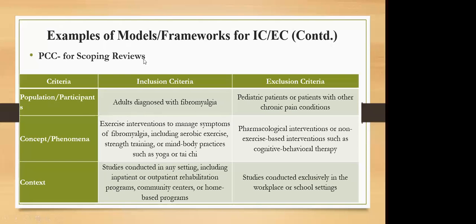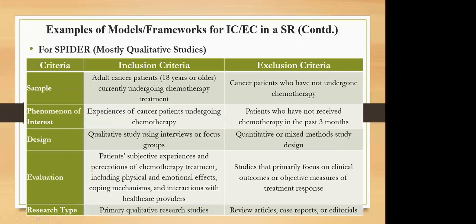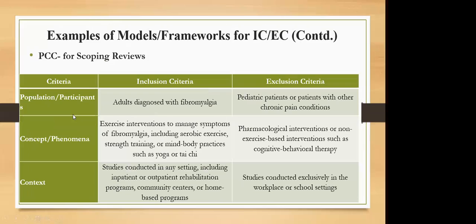When you use the wrong framework for the scoping review or for the systematic review, you might not really identify all the necessary compartments because you are using the wrong model. So it's very appropriate, while formulating your scoping review or your systematic review, to use the appropriate model for it.